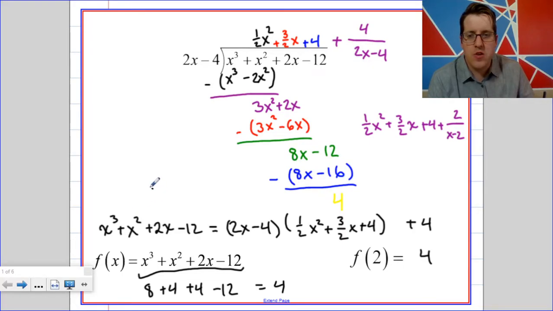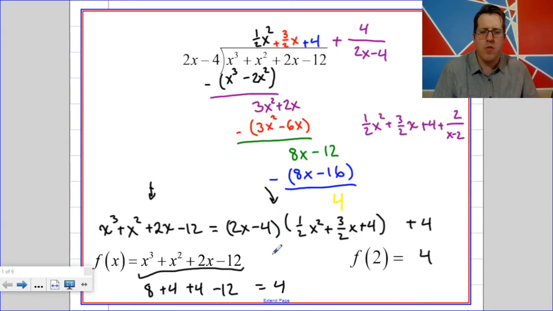So if I plug in 2 to this, that's the same thing as plugging in 2 to the right side. Can you see what happens? Take a second and look at the right side. When you plug in 2, this set of parentheses is going to become 0, which means that all of this product is going to turn into 0, which means you're just going to be left with 4. More on that on the next slide.